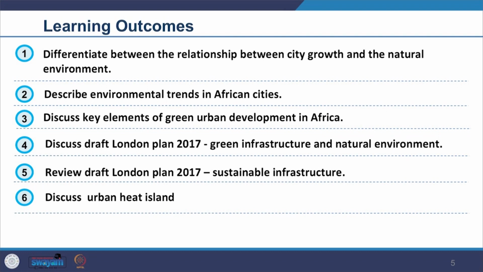Further, you should be able to identify or describe various elements from the London Development Plan which are related with green infrastructure and natural environment. Likewise, you should be able to discuss the sustainable infrastructure approach which has been adopted in the London Plan, and in the end you should be able to define key elements of Urban Heat Island.